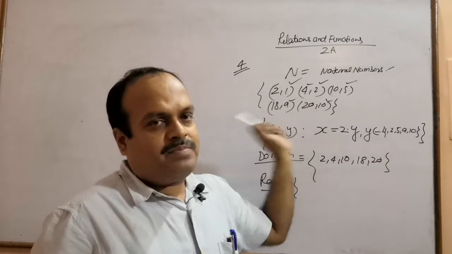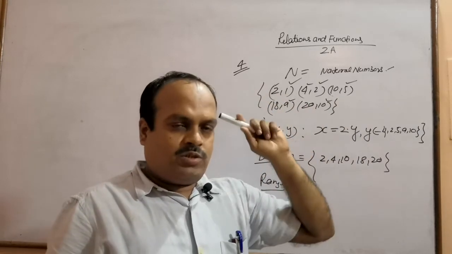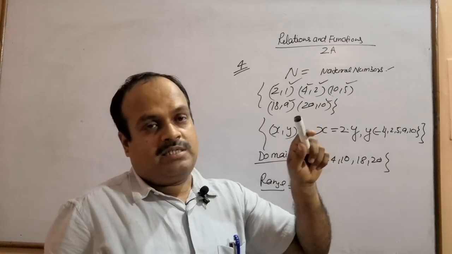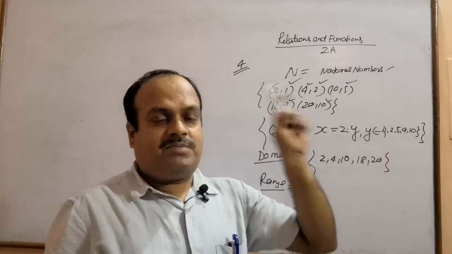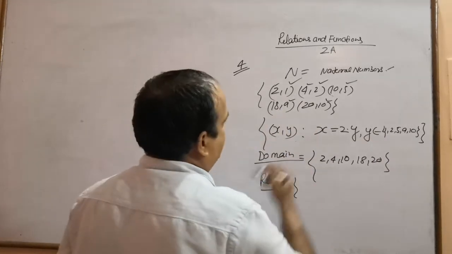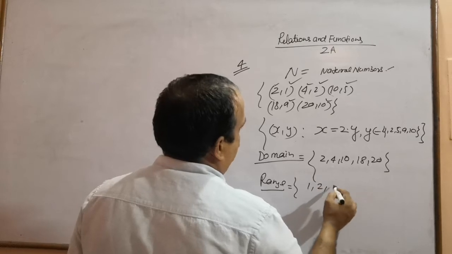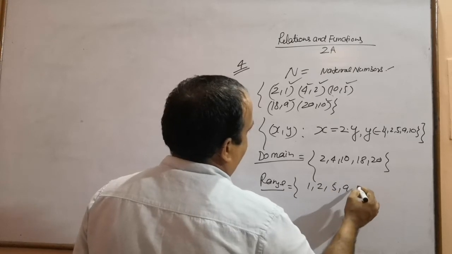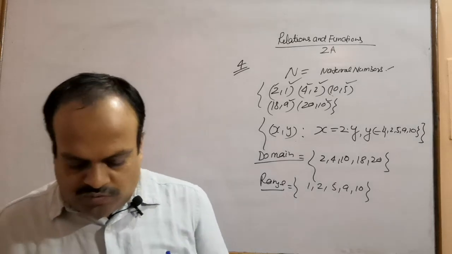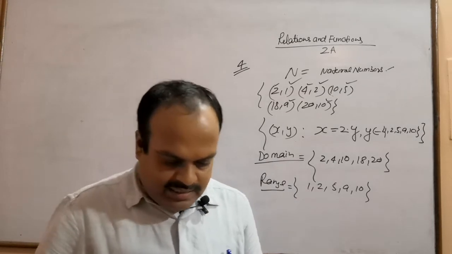We have 5 ordered pair elements of this relation. So the collection of the set of the second entries will be the range of this relation, and that will be 1, 2, 5, 9 and 10.